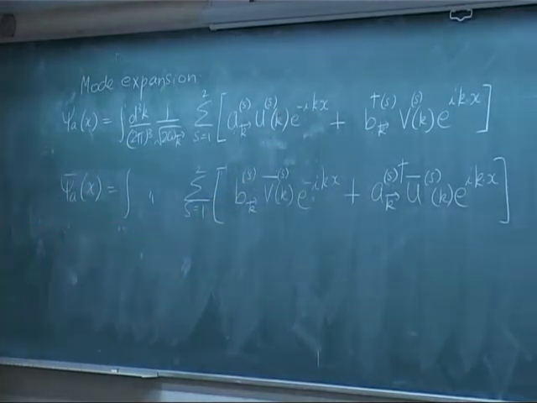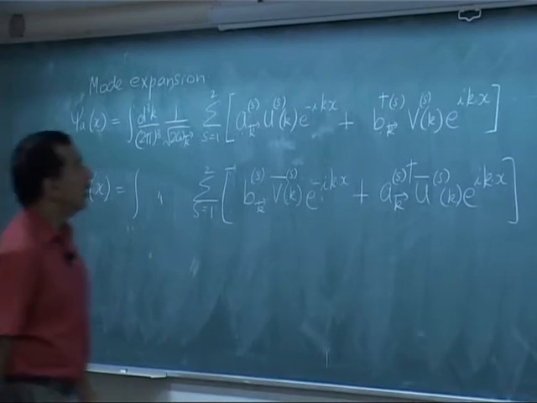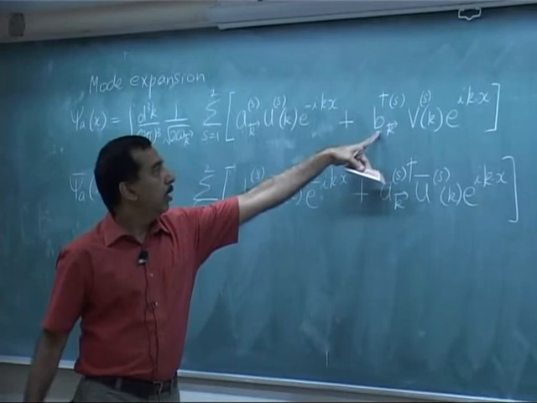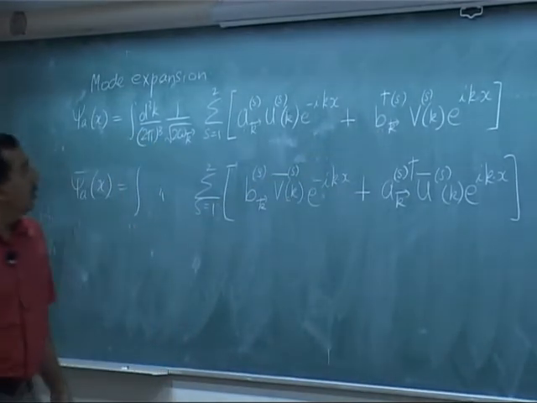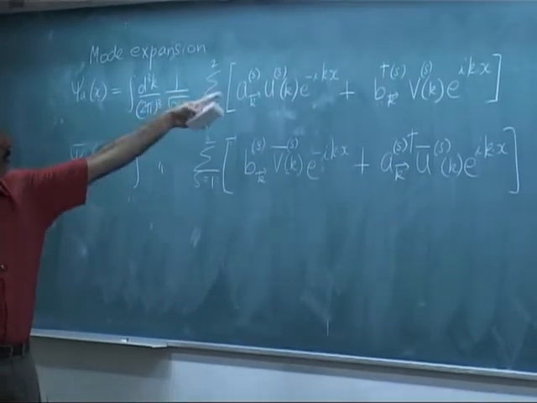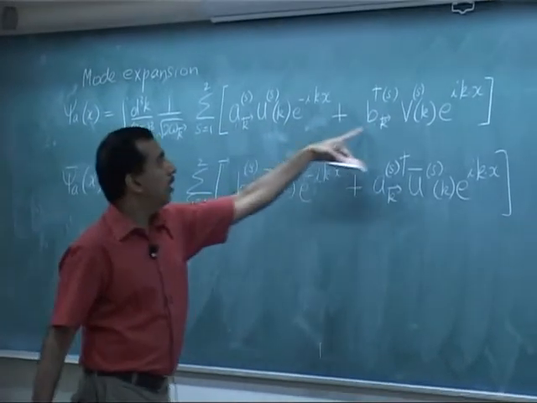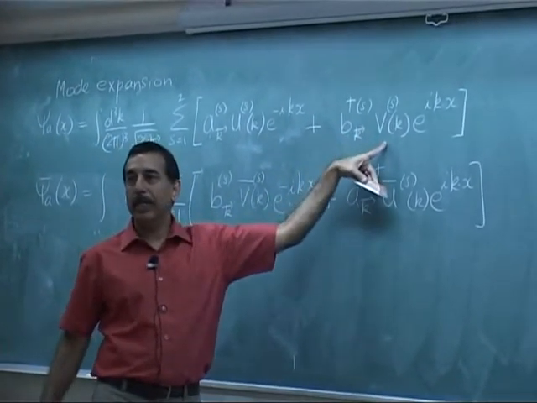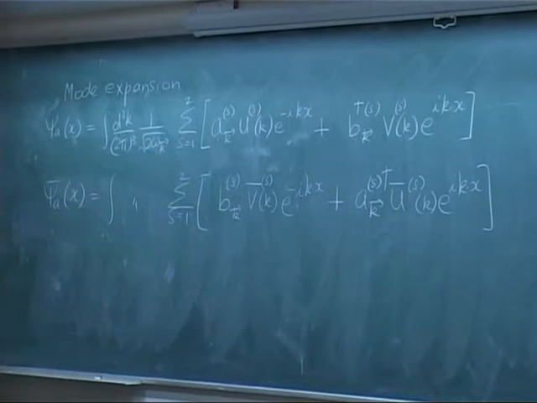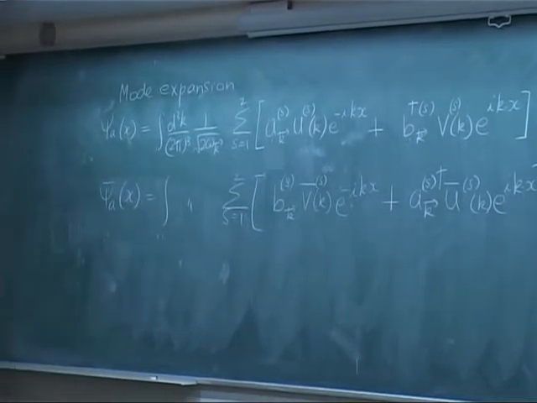The new feature is the u's and v's, where the u's go with particles and the v's go with antiparticles. So for a Majorana spinor, we would take b dagger to be the same. We would take this first line to be a with u and a dagger with v, and the second line would follow from the first because it would be real.